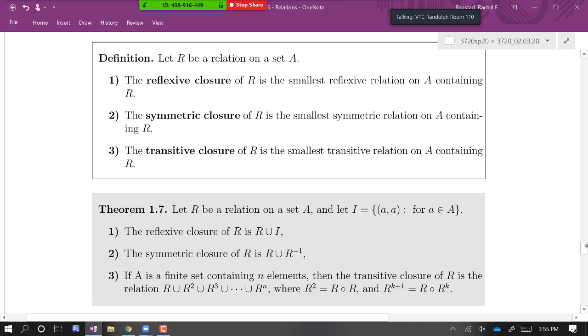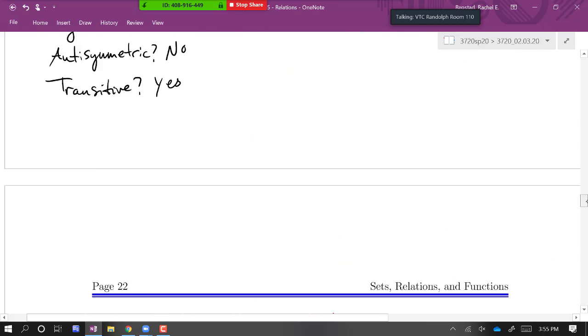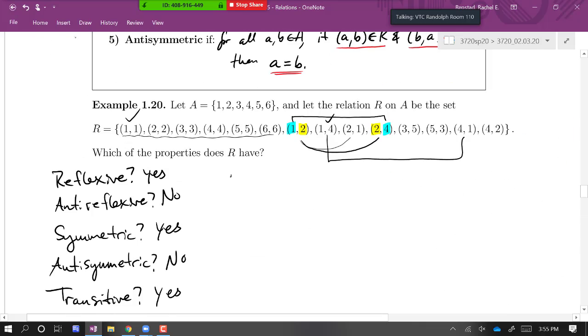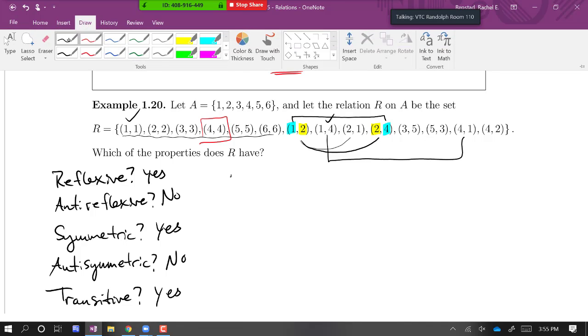But if it's not reflexive, just add any of the doubles that it's missing. If in this relation, in example 120, suppose the pair (4, 4) wasn't already included. If it was missing (4, 4), then the relation wouldn't be reflexive. But the reflexive closure is just adding that pair, since it's missing. If it had that, it would be reflexive, and that's what the reflexive closure is.